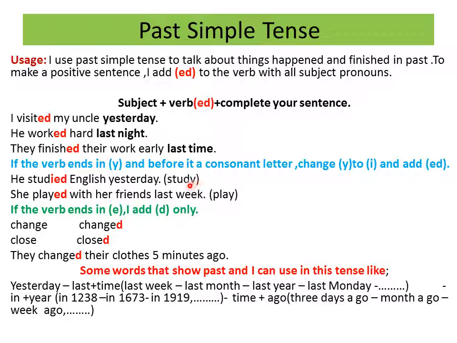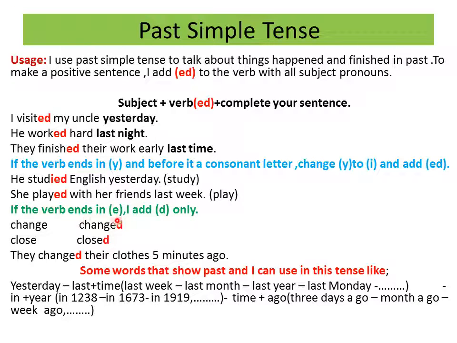Look at the letter before y. It's D, so it's a consonant. So change y to i and add ed. He studied English yesterday. But a verb like play, before y we have a vowel, so don't change y. She played with her friends last week.